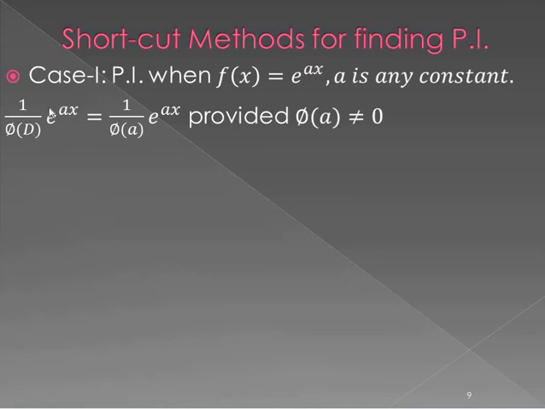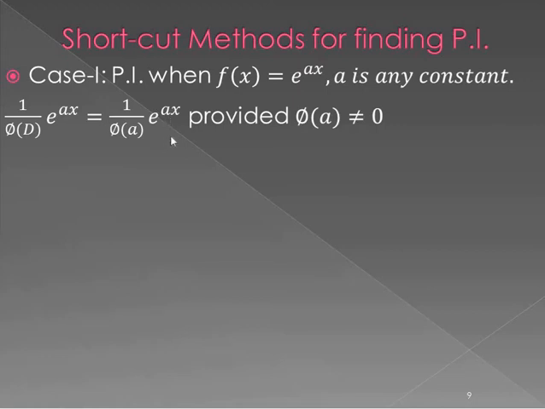Replace D by a, that is equal to 1 upon phi of a e raised to ax. One condition is given here: phi of a not equal to 0. When phi of a is not equal to 0, then this value is the particular integral.